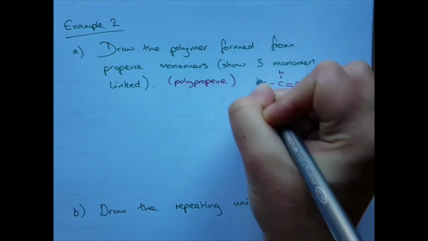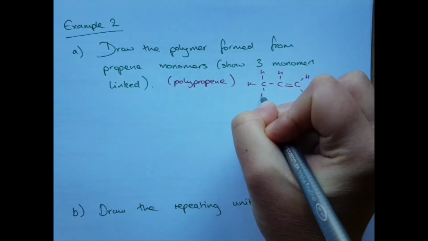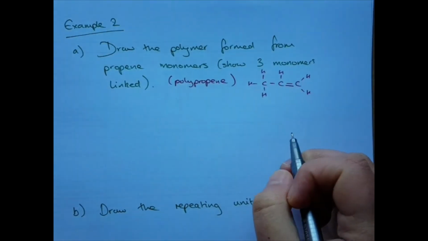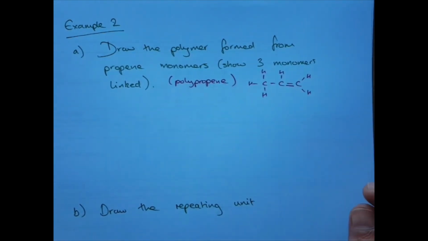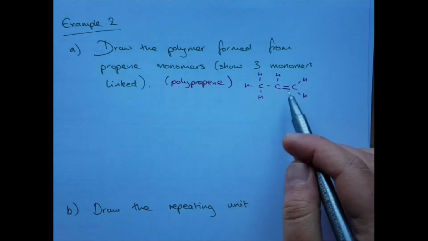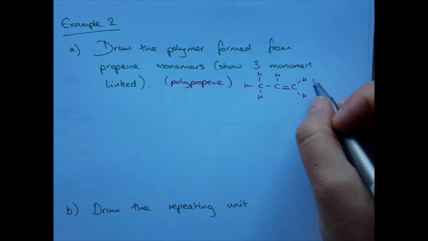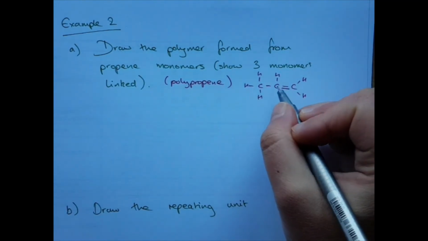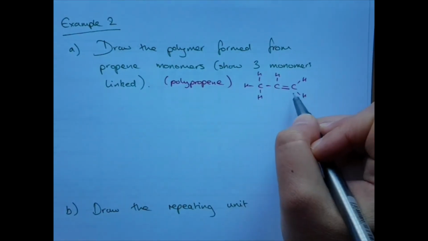I'm drawing this out like this first of all, but I don't want to have it drawn like this for drawing my polymer. What I want is to have it drawn in the H shape that I mentioned in the previous example. So I'm going to draw my monomer in the H shape over here, and then draw my polymer all linked together. To draw it in the H shape, we're imagining we draw these hydrogens straight up and down.